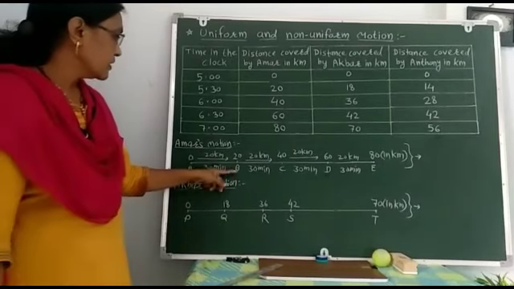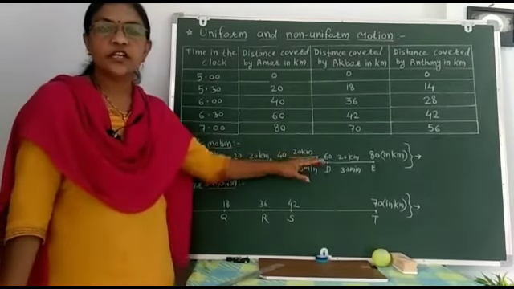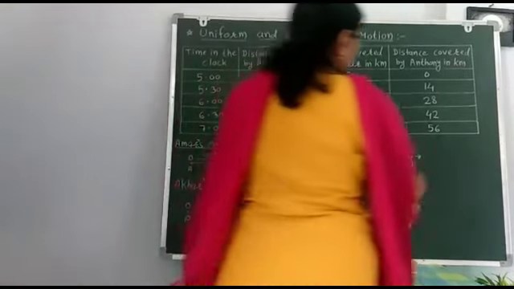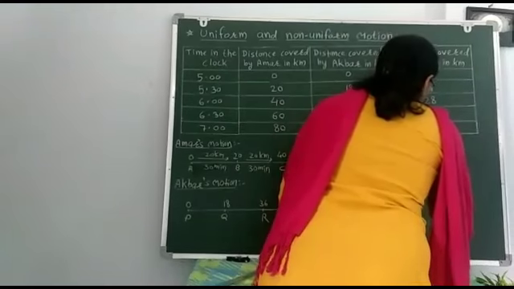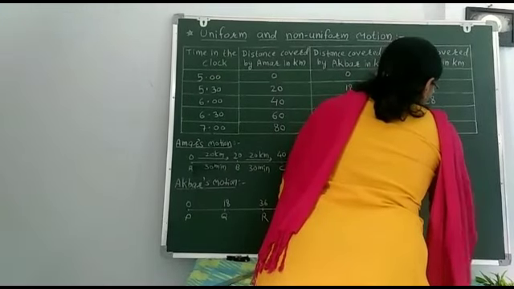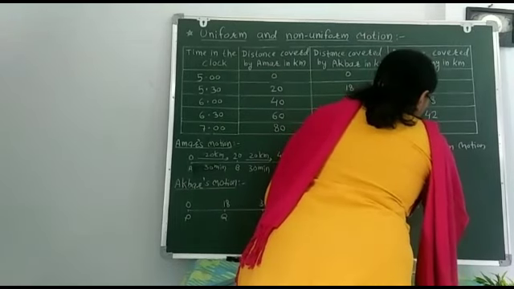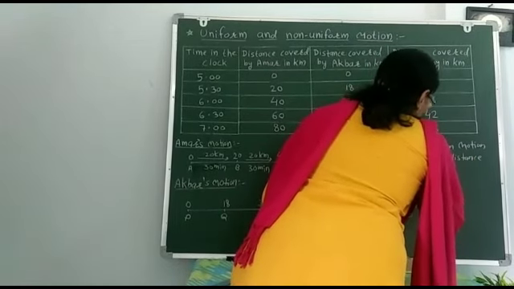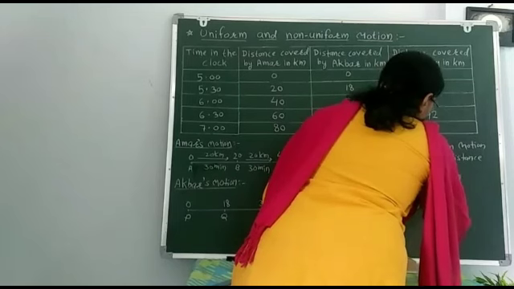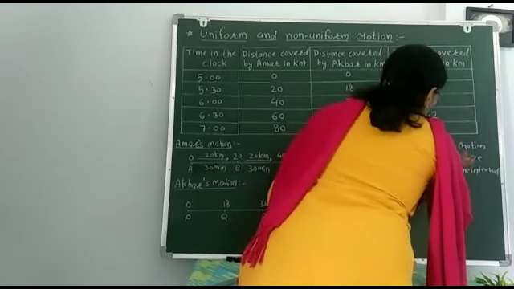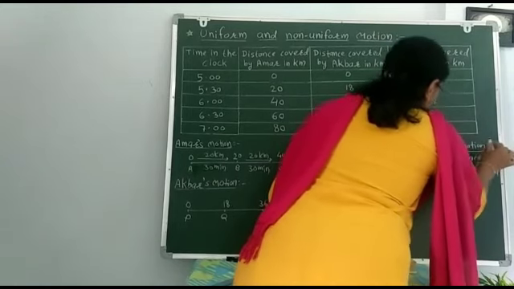So such type of motion is called uniform motion. So Amar travels in uniform motion. And uniform motion means equal distance in equal time interval. That is called uniform motion.